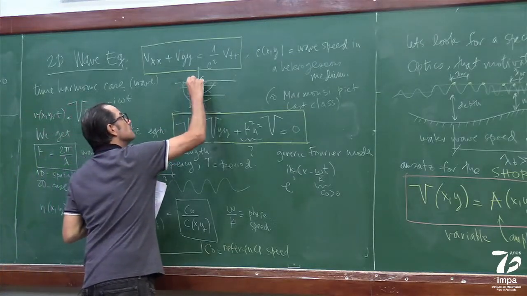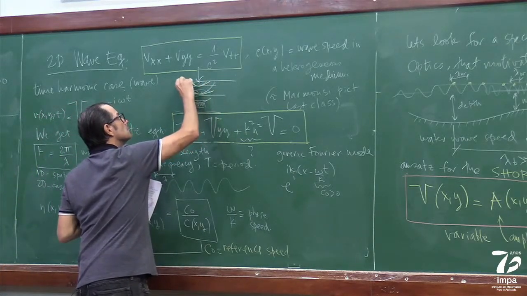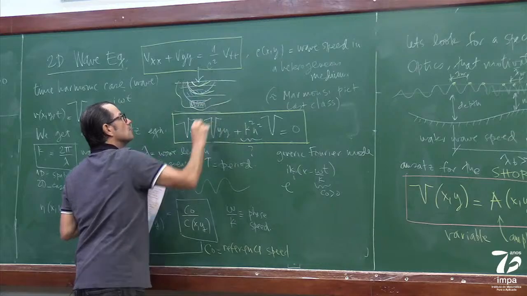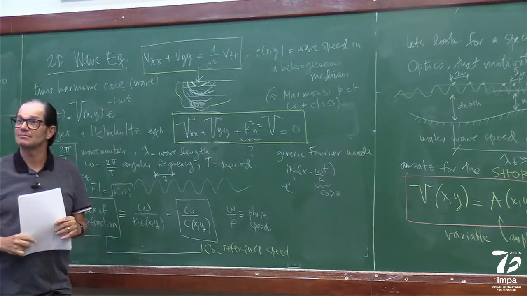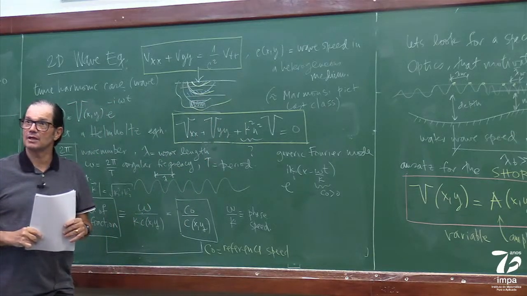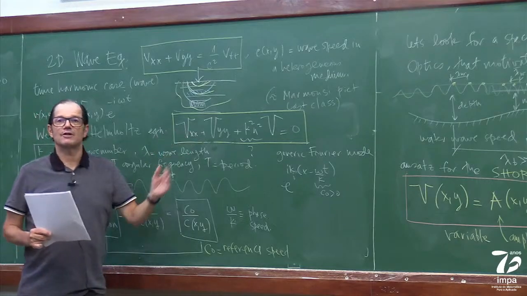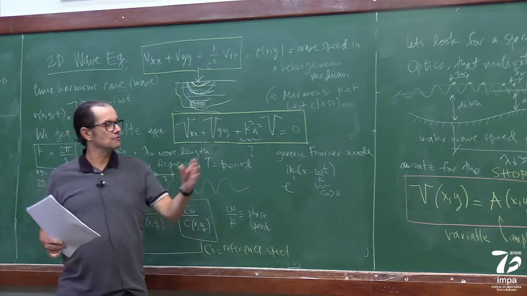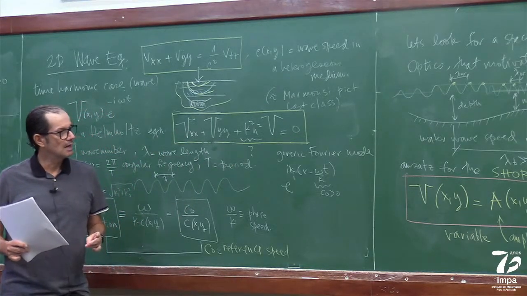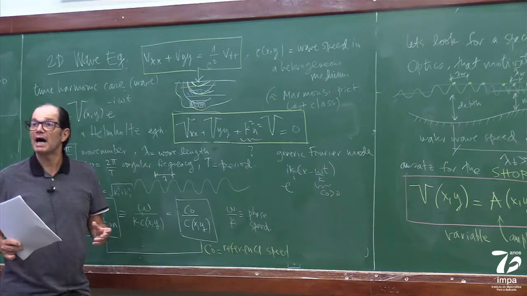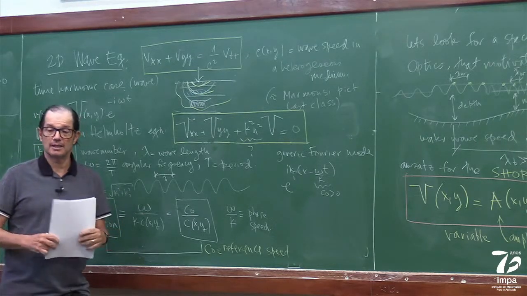These could be, for example, these level curves here, and maybe varying here, which are the crests of the waves. And then if I look at the level curves of psi of x, y equal to pi instead of 2 pi, then that's the troughs.